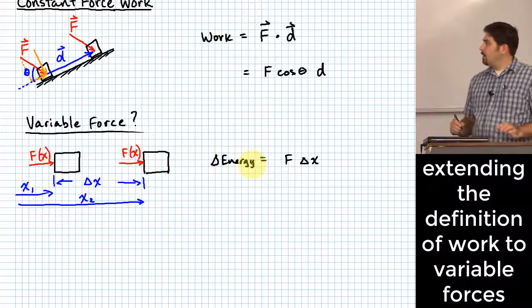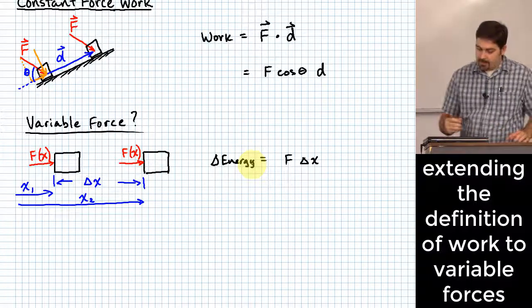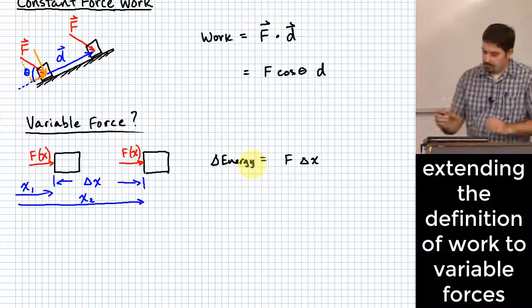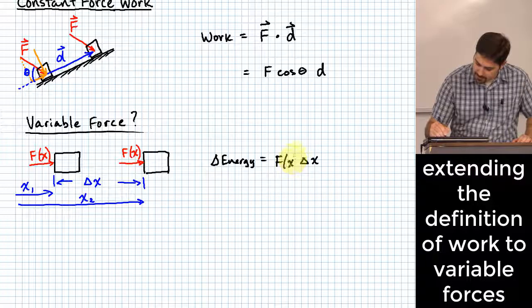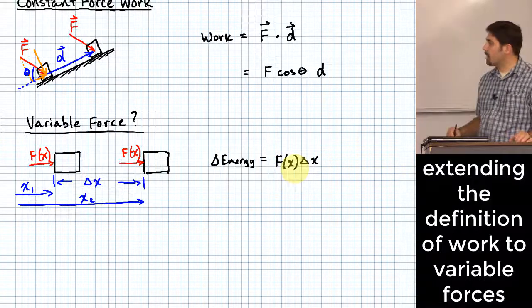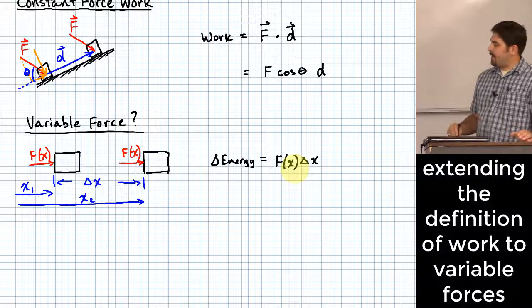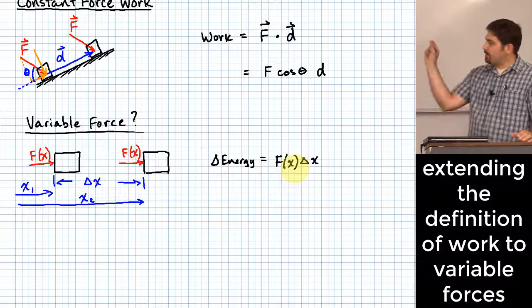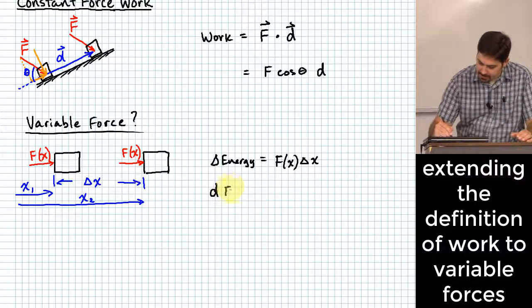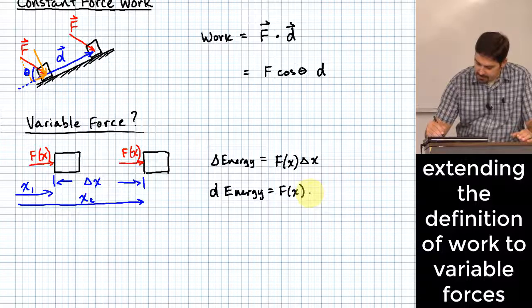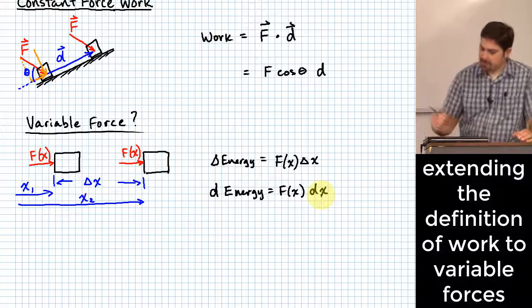What happens if I have this variable force of x? I called that F of x. I can deal with that if I make my little deltas super, super small and instead say d energy is equal to F of x times dx.